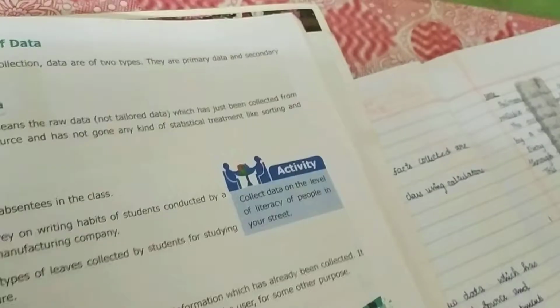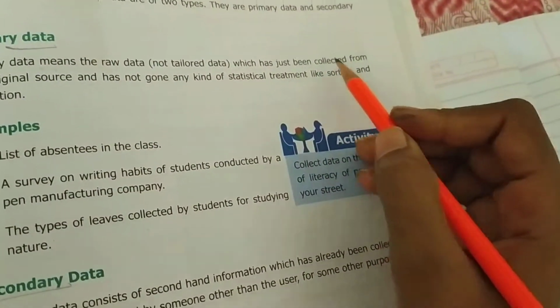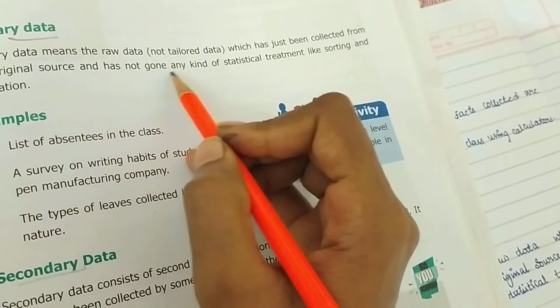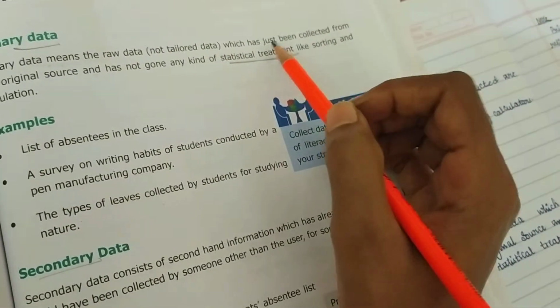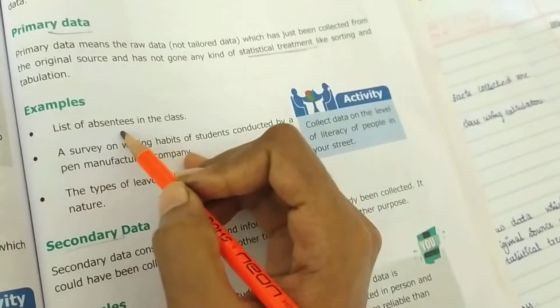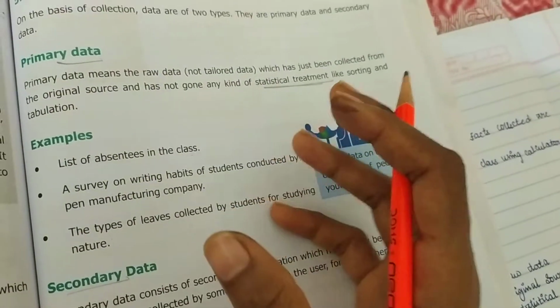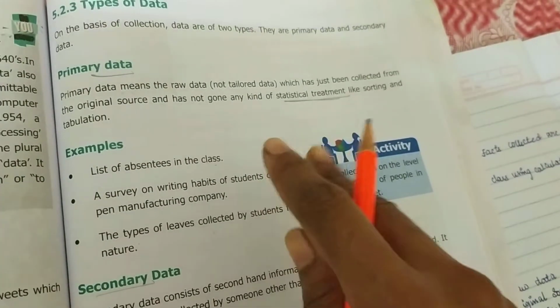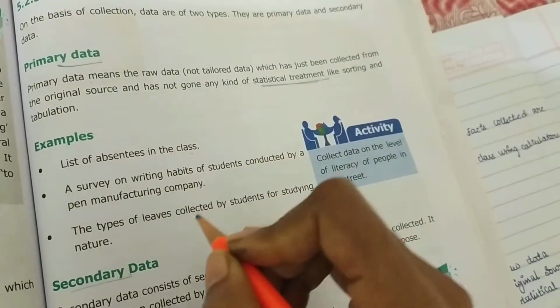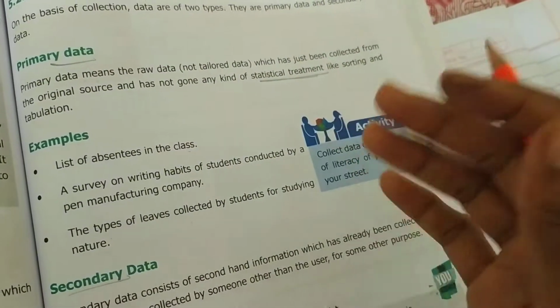Primary data means collection from the original source, which has not gone through any statistical treatment. It's collected only for particular persons. For example, the list of absentees in the class. If you are in 6th standard and 2 persons are absent, I mention those 2 persons, I am not counting others.